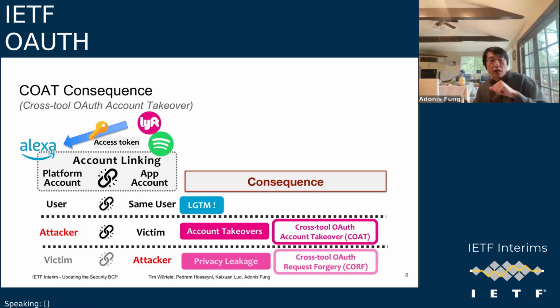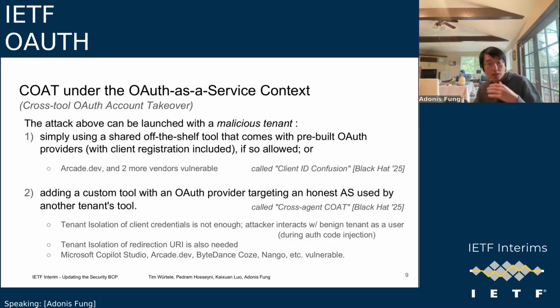Okay. So this is what we call code injection. And with this very worst consequence, we further expand on how that would be exploited in this OAuth as a service context.